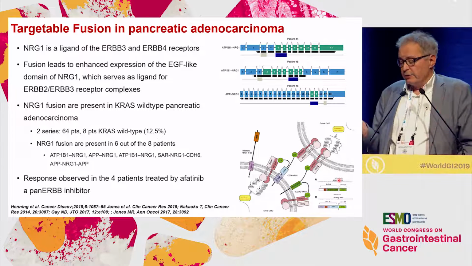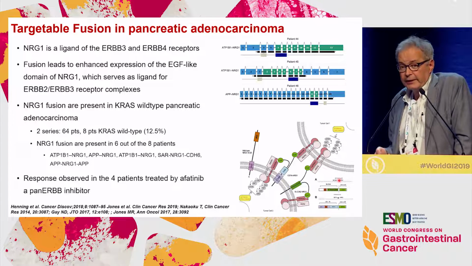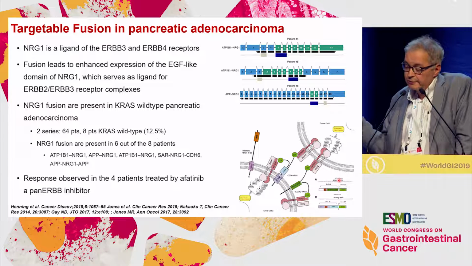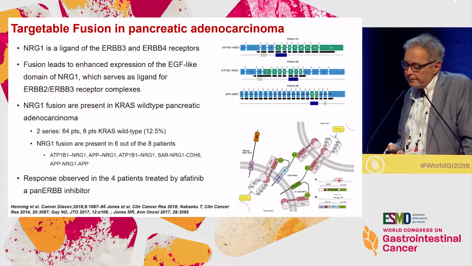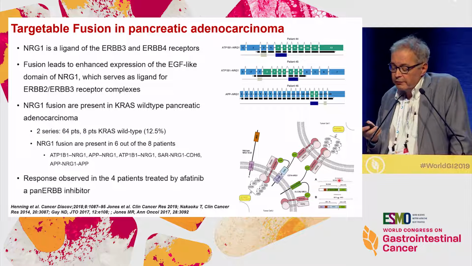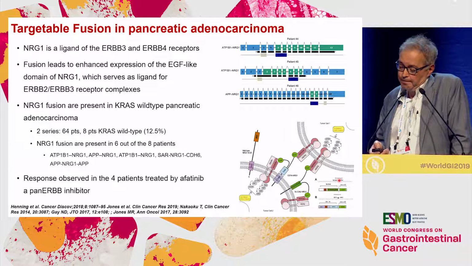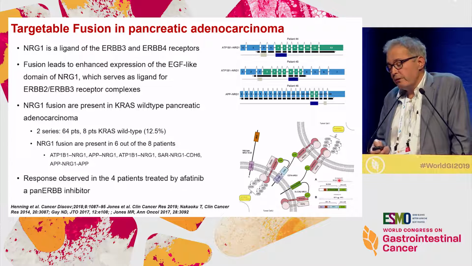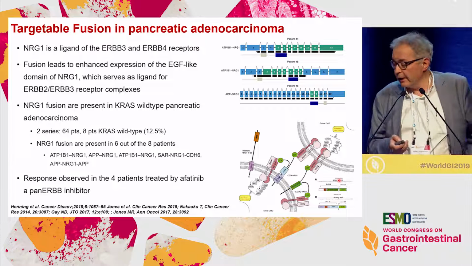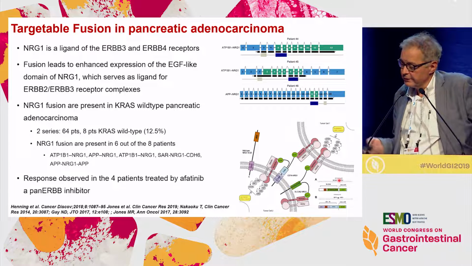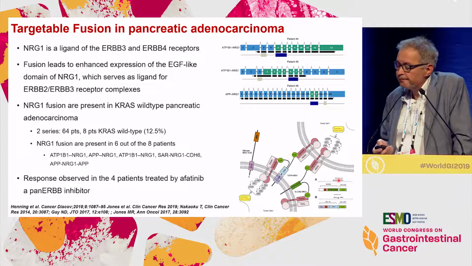A new fusion gene, a new suspect, NRG1, has also recently been described in pancreatic cancer, involving the NRG1 gene, which codes for a ligand of the ERBB3 and ERBB4 receptors, described by the previous speakers.